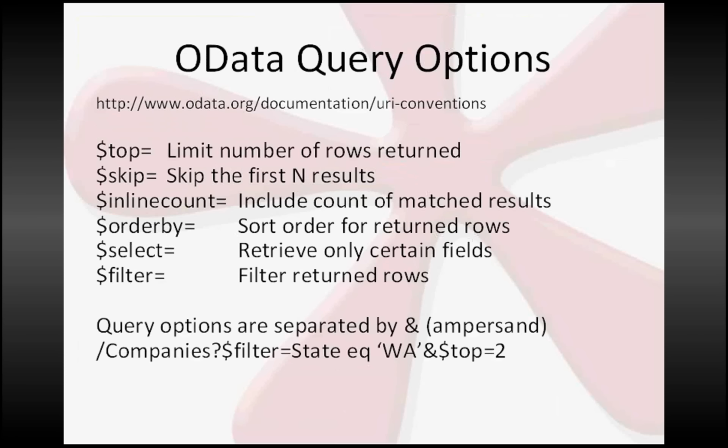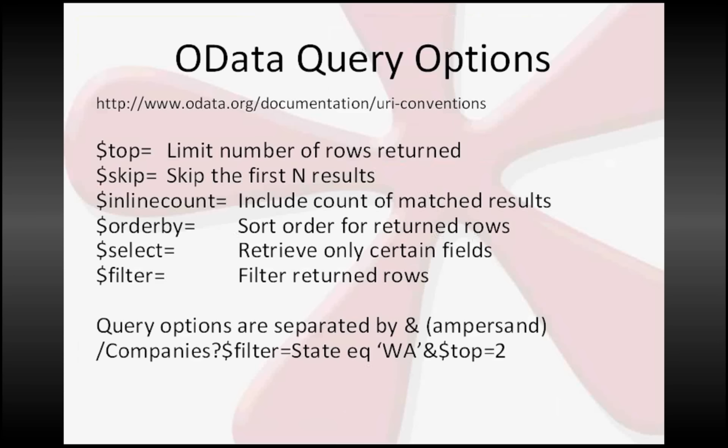So OData query strings, and what I mean by that is the URLs, provide a whole lot of options for how you want to retrieve data, what data you want to retrieve, and how you want it sent back. I'll go into a bit more depth with each of these in the coming slides, but as an overview, top allows you to retrieve a certain number of records. Skip allows you to skip records.